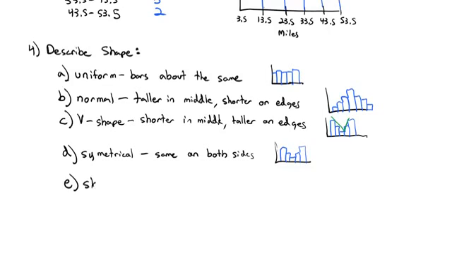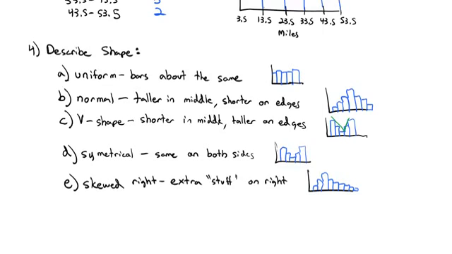Then we have this idea of skewedness. Skewed means it's not symmetrical. And we describe the unsymmetrical part where the extra stuff is. Skewed right means it's not symmetrical because we have extra stuff, for lack of a better term, on the right. So that's where we're trying to be symmetrical, right? But then on the right side, there's all this extra stuff, and it kind of goes down a lot slower.